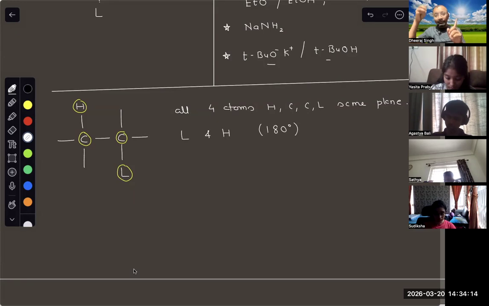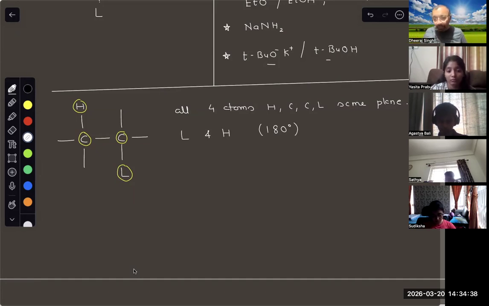If the leaving group is down, hydrogen should be up. The reason is pretty simple. The base has a lone pair. The leaving group also comes out with a lone pair. So they will repel each other. So the base will attack from as far away as it can from the leaving group. Right? So H and L are 180 degrees away from each other.